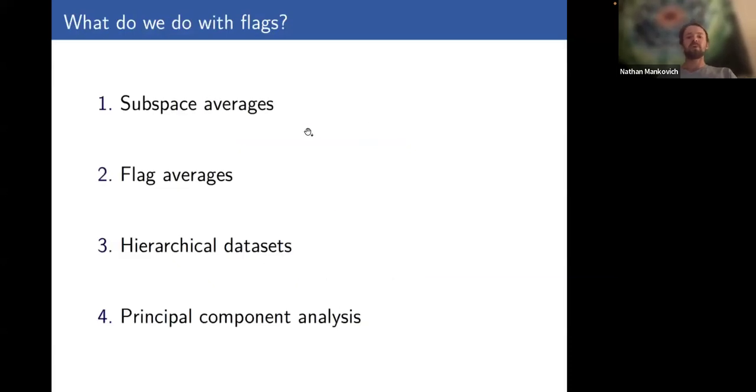Okay, so what do we do with flags? Flags can arise in averaging subspaces. When you average subspaces with respect to a certain distance, it outputs a flag of a certain type. You can also average flags using a distance between flags.